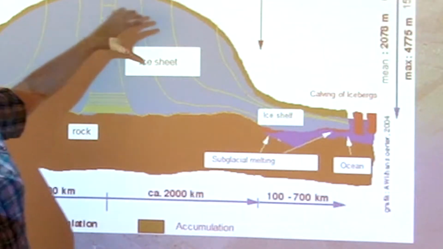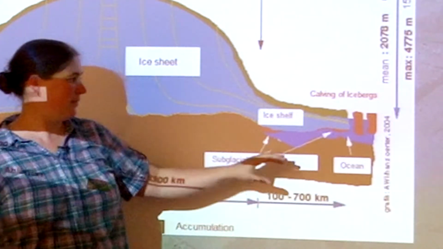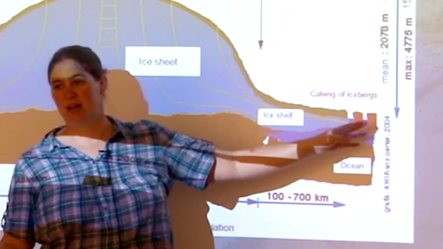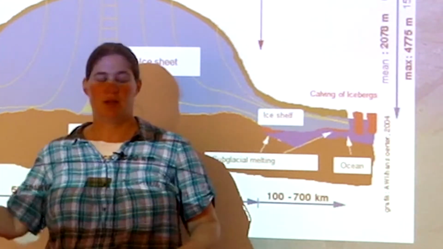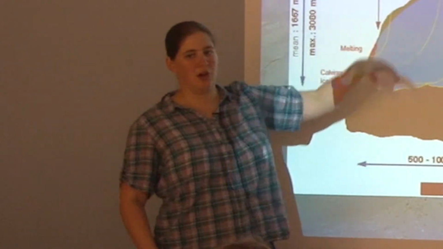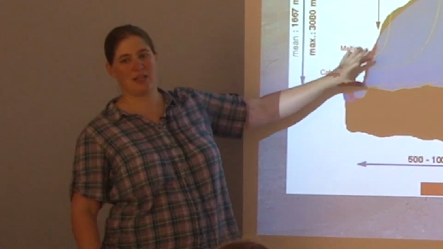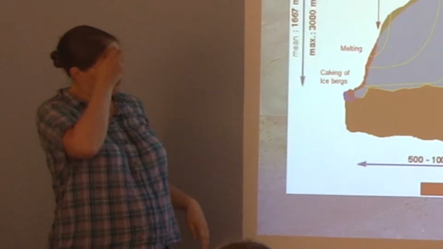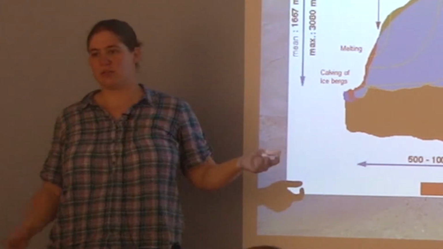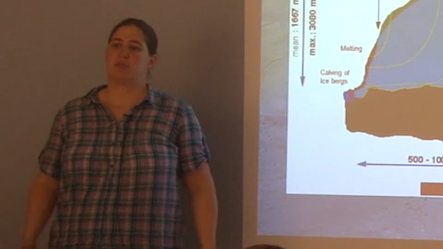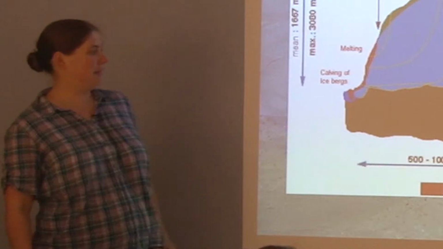In Antarctica, the ice is flowing into the ocean, and the biggest discharge of ice is with icebergs. Big icebergs break off, and the ice is lost. So the snow is falling on top, and there's what we call ablation, loss of ice at the margins of the ice cap. Some icebergs are also in Greenland, but in Antarctica, iceberg calving is much more important for the discharge of the ice.